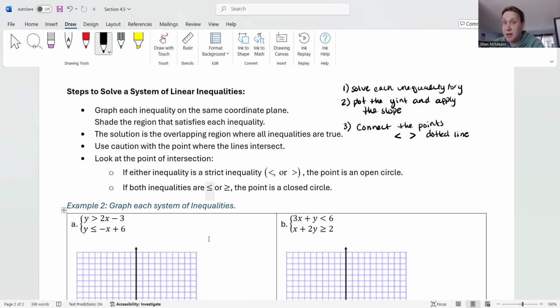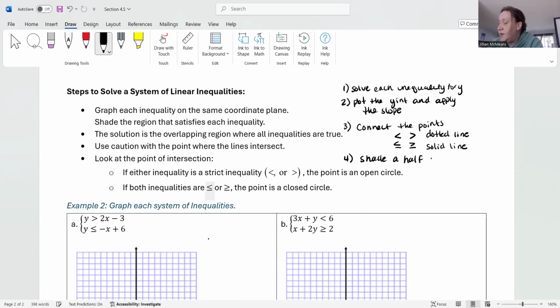So this boundary line, if you have a less than or just a greater than, the points on the line are not part of the solution set, and we indicate that with a dotted line. On the flip side, if you have less than or equal, greater than or equal, so those or-equal-to inequalities, we connect the points with a solid line. That tells the reader that the boundary line, the actual points on the line, are part of the solution set, okay? And then we shade a half plane.